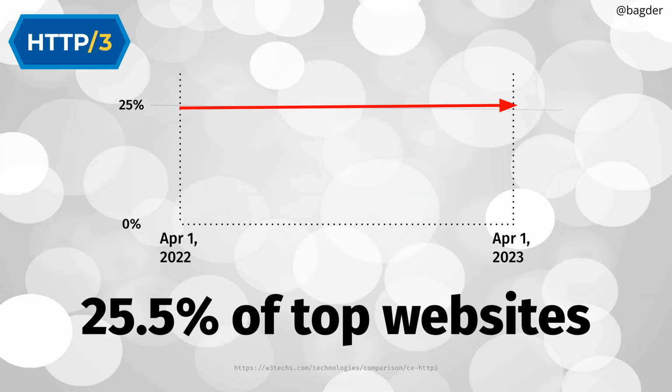Looking at the top websites in the world, this is from the site W3Techs. They do these probes. They check the top 1 million websites in the world and check if they do HTTP2, HTTP3 and so on. And I found it very interesting that the 25% mark that I'm showing here on the slide is pretty much exactly the same as it was a year ago.